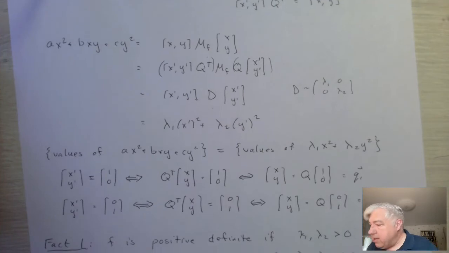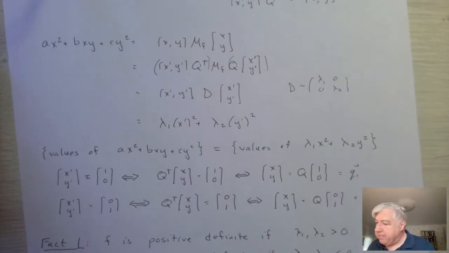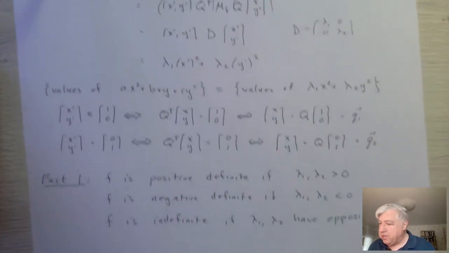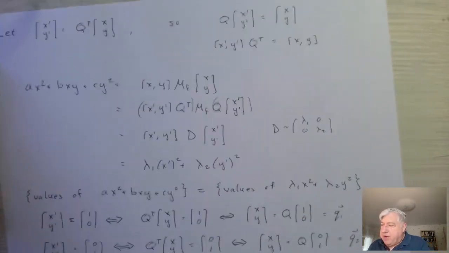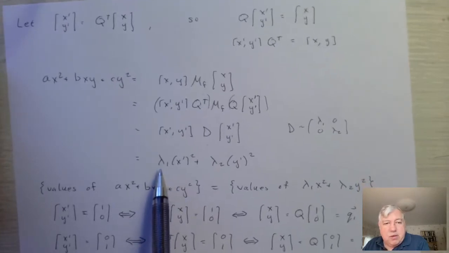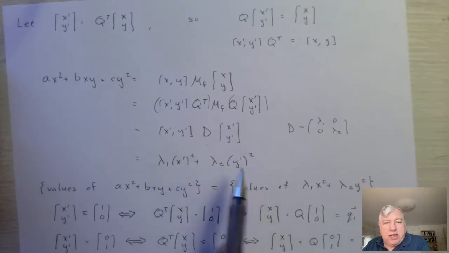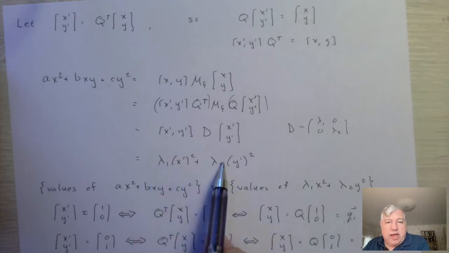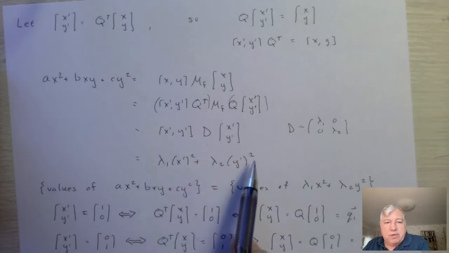All right. Now, we'll come back to this in a moment, but we now see that it's very easy to figure out when this will be all positive and all negative. Obviously, if lambda 1 and lambda 2 are both positive, this will always be positive.